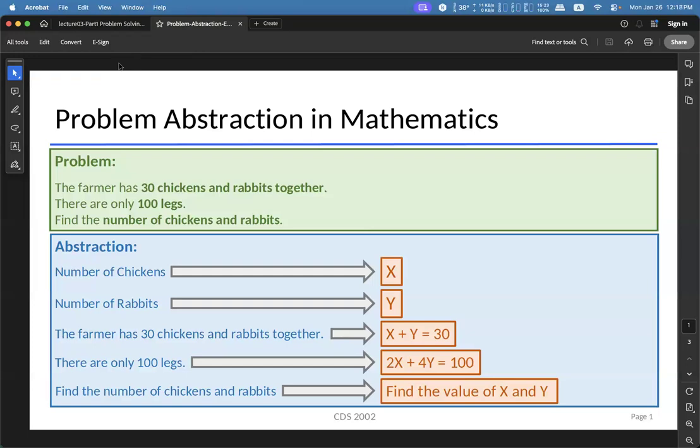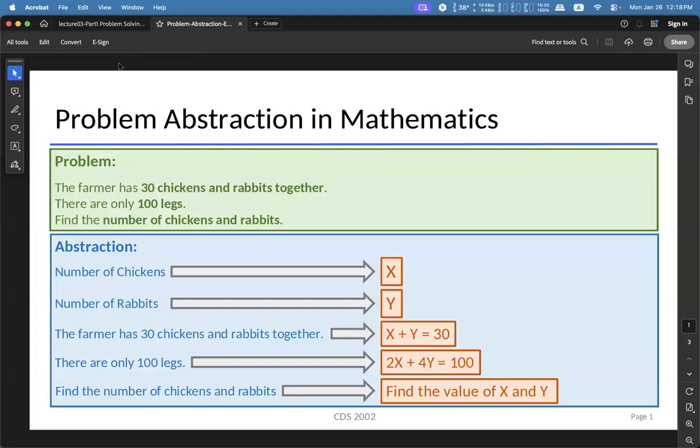To solve this problem, we can take this approach. You can pick a symbol that represents the number of chickens, and you can also pick a symbol that represents the number of rabbits.